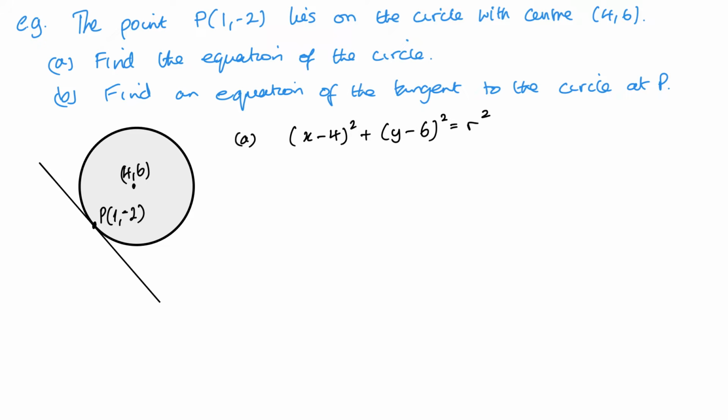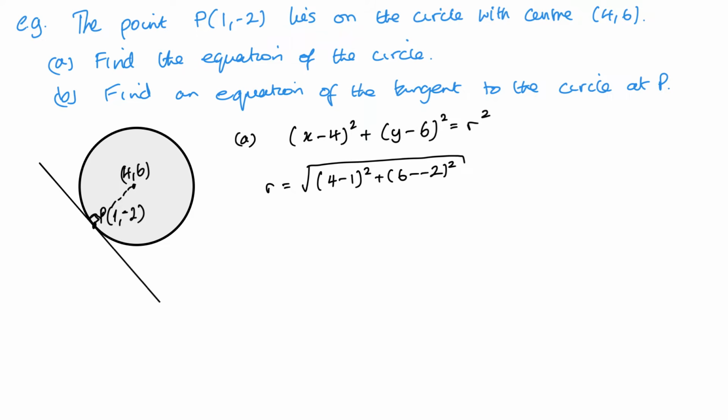Now we know that the distance between P and the center is the radius of the circle. So all I need to do is find that length of the radius. Using Pythagoras, we'll have the difference in the x's squared plus the difference in the y's squared.